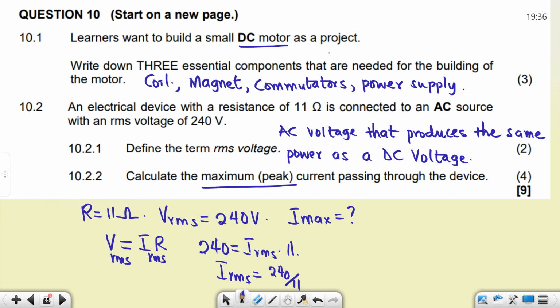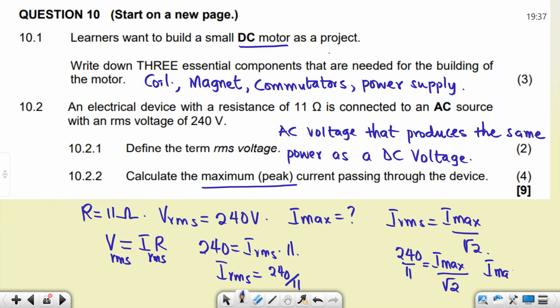And we are looking for Imax. We know the formula. IRMS equals Imax over root 2. I'm sure everybody remembers that. You get that from your formula page. So do I know my IRMS? 240 over 11. I'm sure you know what to do. Do you want to give me an answer? Let's do the maths.